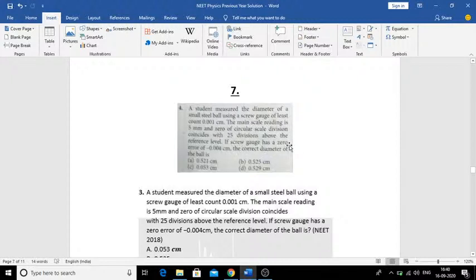If the screw gauge has a zero error of minus 0.004 centimeter, the correct diameter of the ball is: the 4 options are 0.521, 0.525 centimeter, 0.053 centimeter, and D is 0.529 centimeter.